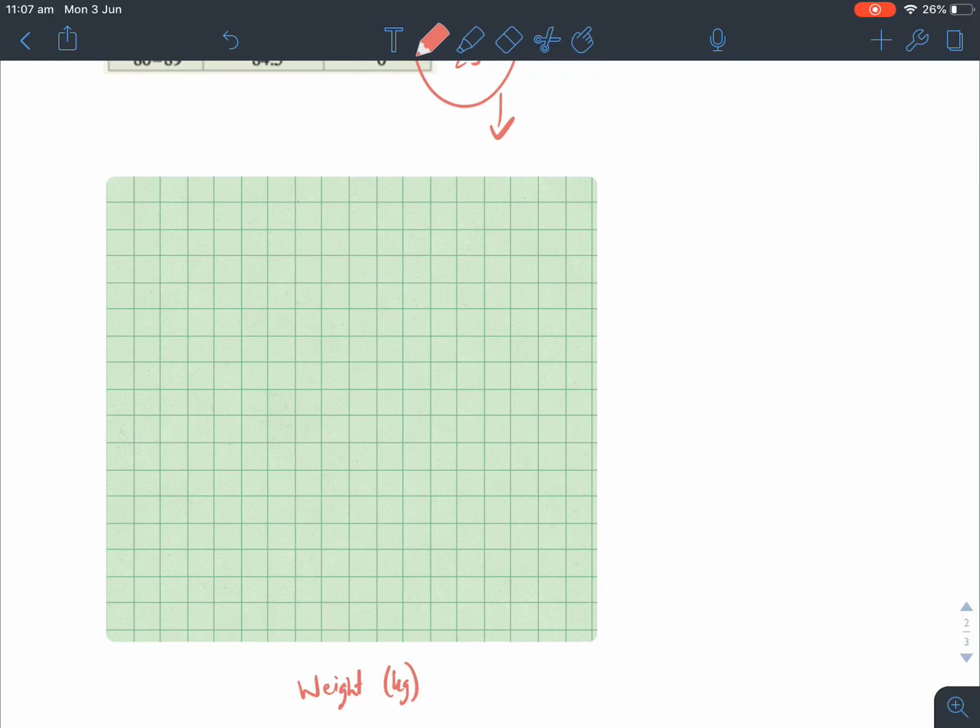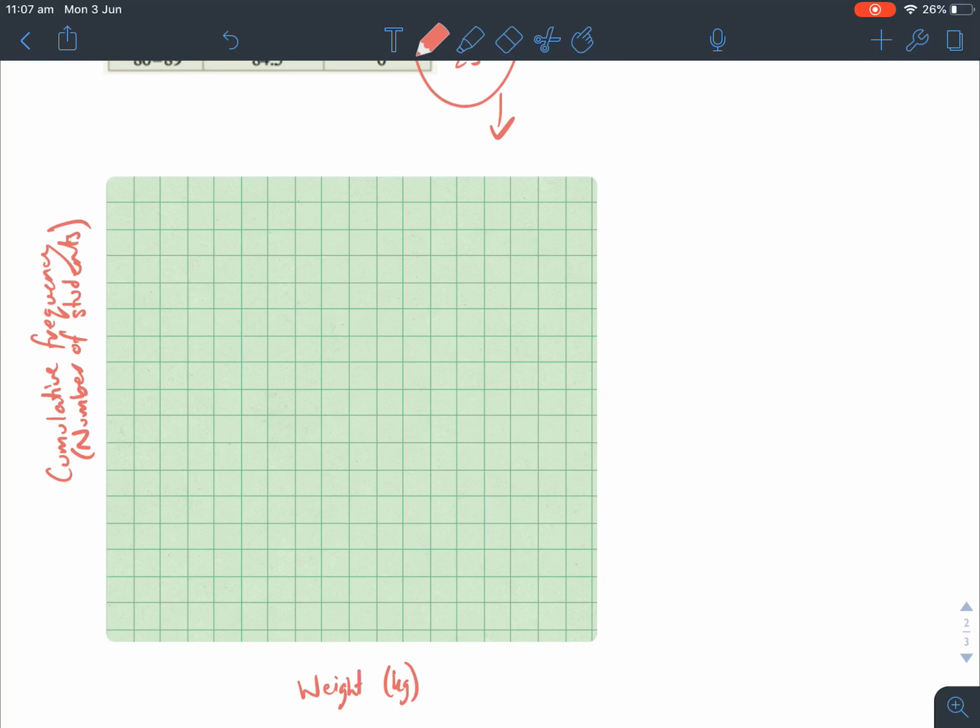And this time it's not just frequency, it's cumulative frequency, which in other words is number of students. Now let's have a look at the scale that we're going to need.